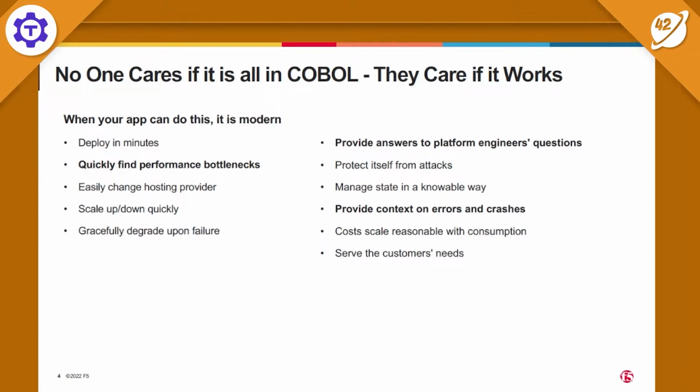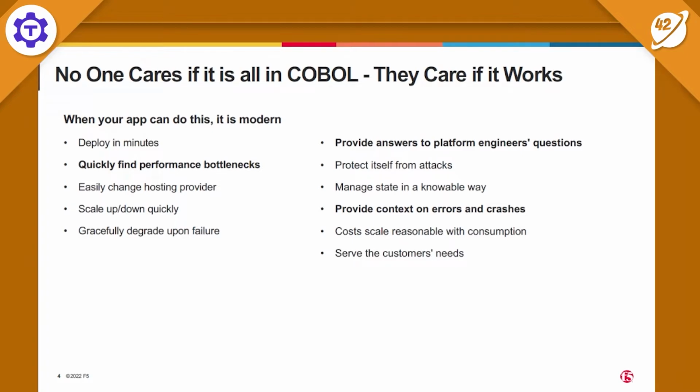You can look at this list and see that certain things make up characteristics that define this modern application space. In this observability OpenTelemetry space, it really comes down to 3. Quickly find performance bottlenecks. So where are things not working the way we expect them to do? After all, user happiness is heavily dependent on performance as well as results.